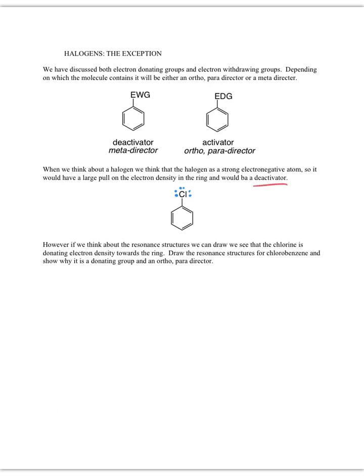Okay, and this comes partially from the electronegativity of the group off of the ring, even though it has the lone pairs on the ring. So chlorobenzene is a donating group. It is going to react ortho and para. It is a deactivator, so it's going to be a slower reaction than some of the others.